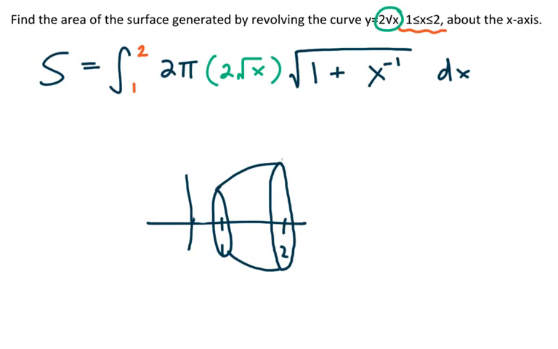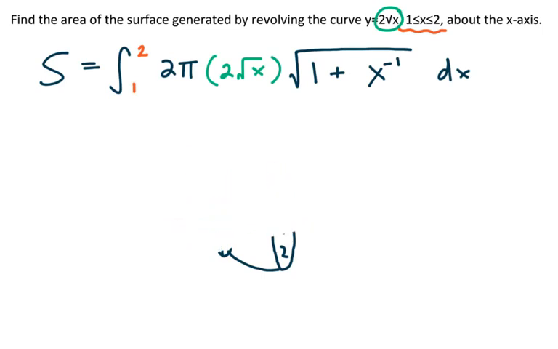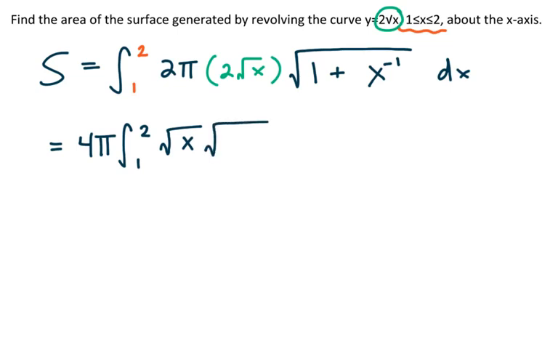So now that we know what it looks like, we're calculating the surface area of that shape. Let's solve this integral. The 2 pi and the 2 can come in front. That will be 4 pi. We have the integral from 1 to 2 of the square root of x times the square root of 1 plus x to the negative 1 dx.